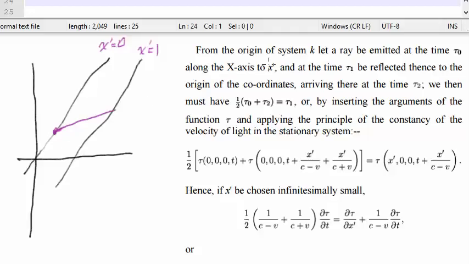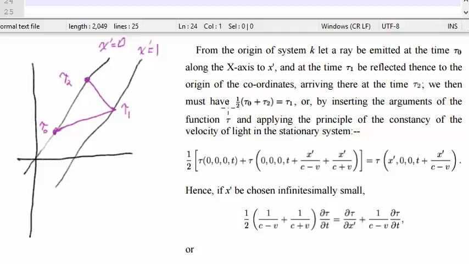And that's kind of ambiguous, but I'm calling it x prime equals 1 because they have a 1 down here. And at the time tau 1, okay, I'll call that tau 0, tau 1, reflected thence to the origin of the coordinates, which would be like right there, at time tau 2.